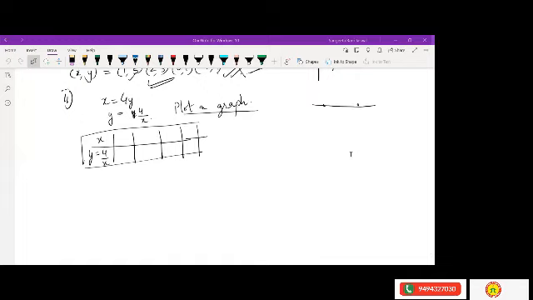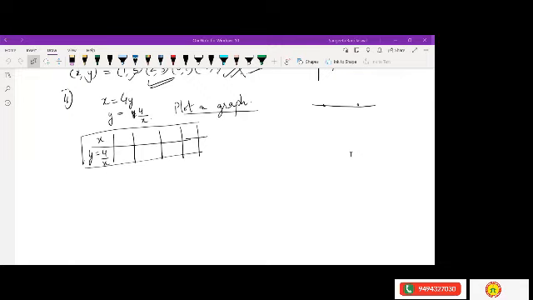Okay, let's take another question. I've taken another question here. x equals 4y. I don't know from where I've taken this. Never mind. We have taken this linear equation in two variables. Now you have to find four solutions of this. First of all, tell me one thing.